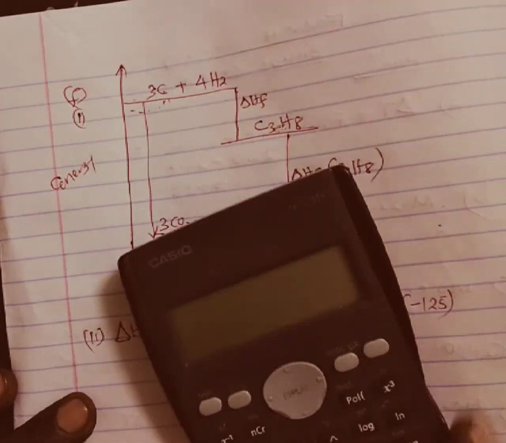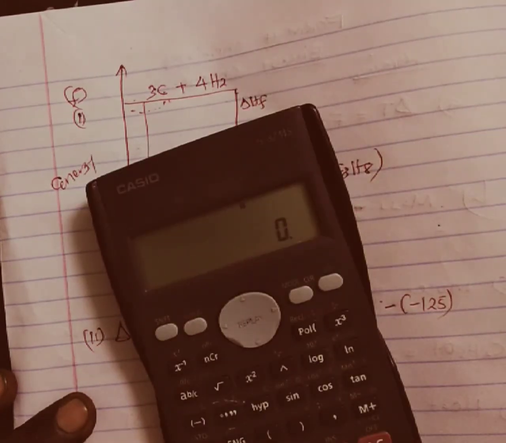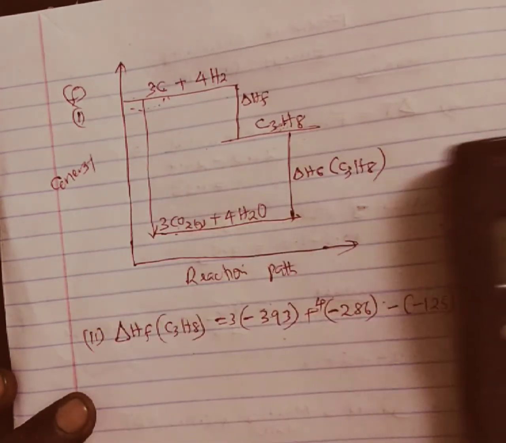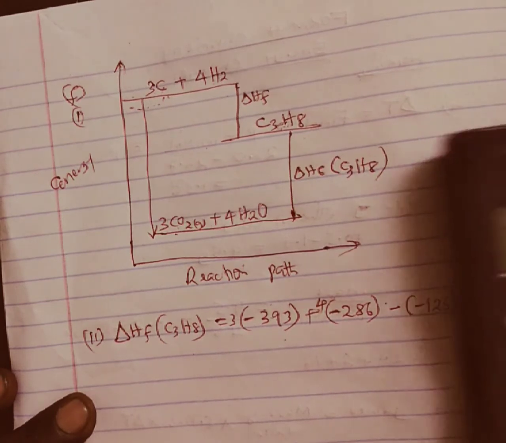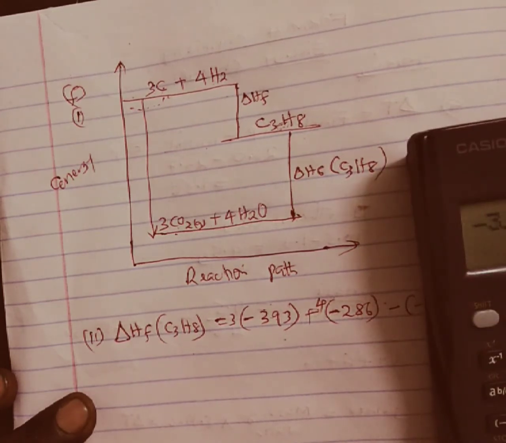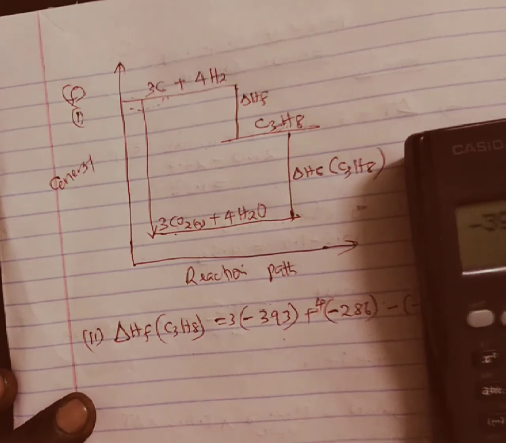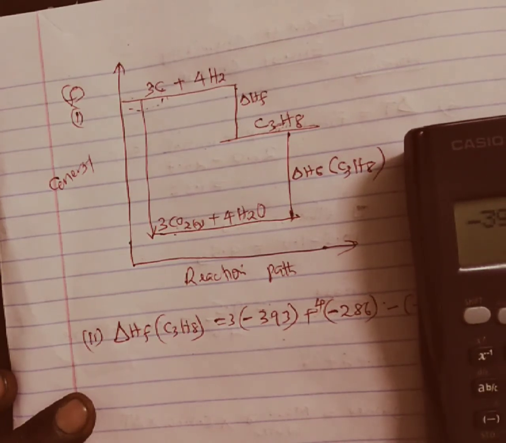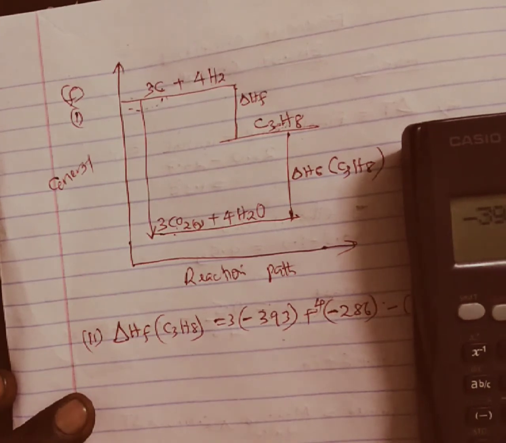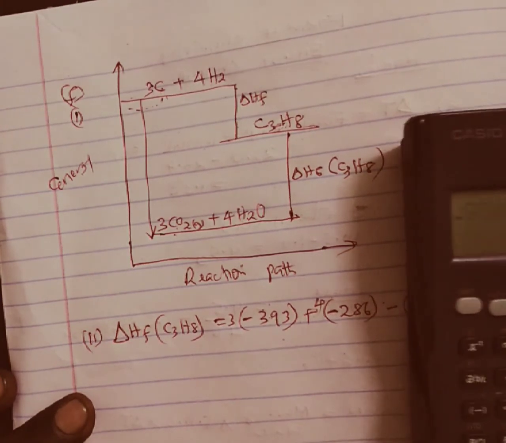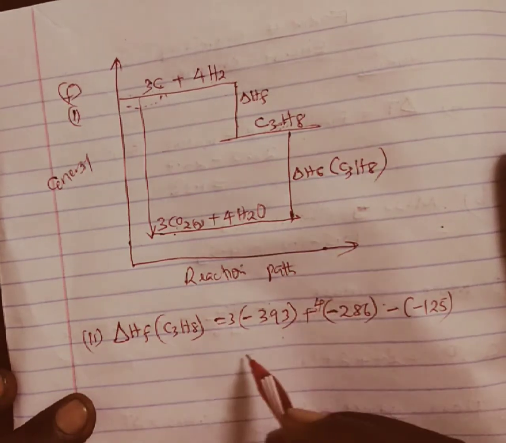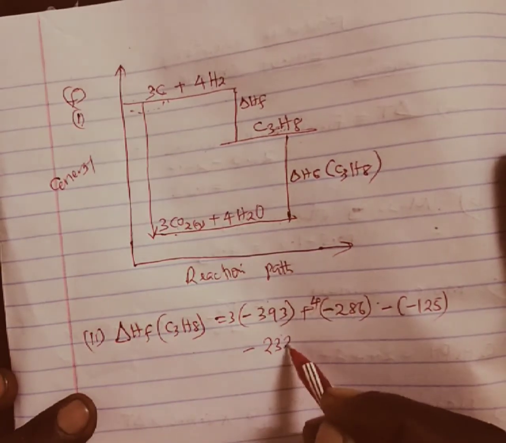In this case now, we are going to have negative 393 times 3 plus negative 286 times 4, and this gives us negative 2323.